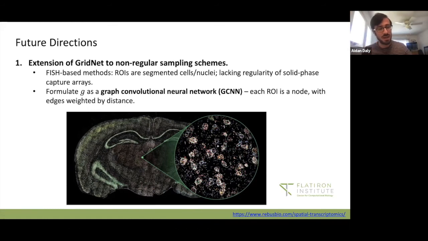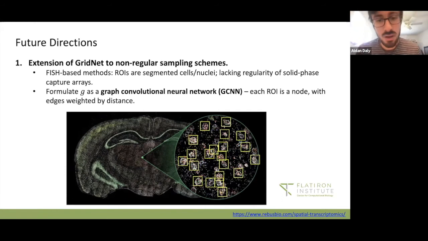What we can do instead is formulate G as a graph convolutional neural network, where our regions of interest, which I've highlighted, are maybe these cells where we have a certain number of read counts of a species of interest. And we formulate a graph convolutional network. Basically, instead of convolving over a regular grid, it starts by pooling information as a graph would.